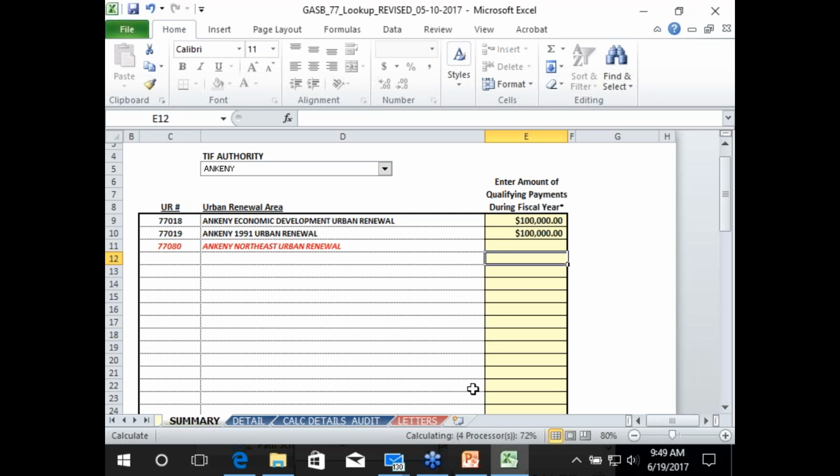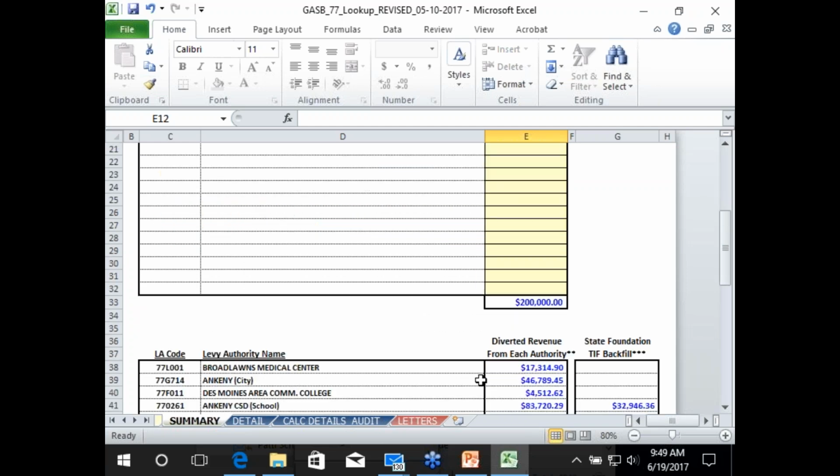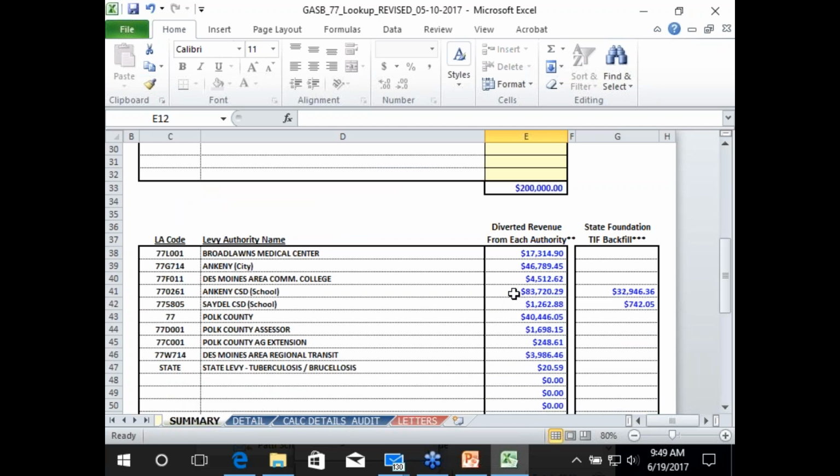Okay, we're computing 72, 92%. Okay, there we go. The $83,720 is going to be included in the second paragraph of your letter in the table, and then the $32,900 is going to be included in the last paragraph of the note itself.